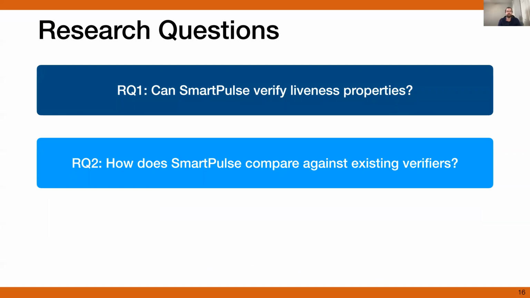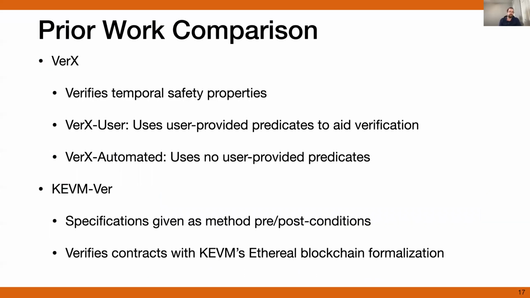The next research question that we wanted to consider was, how does SmartPulse compare against existing verifiers? So we took a look at 2 particular tools that are available to check safety properties within smart contracts, namely VerX and KEVM.